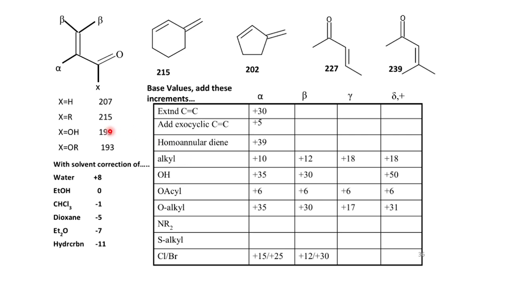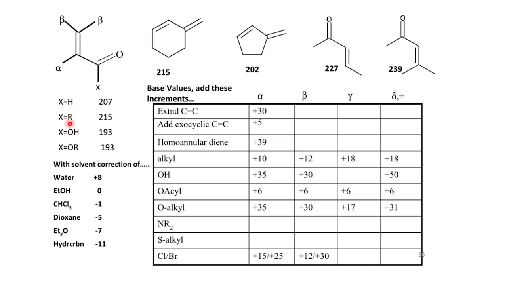Now, next example. First I am substituting that hydrogen with the alkyl group, and this is shifted to 215. Now, if I am substituting this X with a hydroxyl, it is reduced from 207 to 193. Now, why is it happening? The reverse is happening.